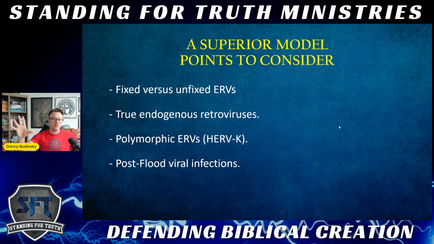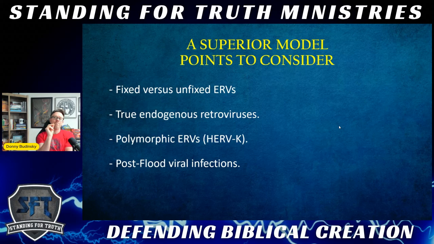If exogenous retroviruses originated from pre-existing retro elements, which the evidence strongly suggests is the case, then that means you can have unfixed ERVs because you'll have true harmful exogenous retroviruses moving horizontally and possibly infecting in the right way, in the right spot where they're passed on. Okay. And that would explain polymorphic ERVs. Not a problem at all.